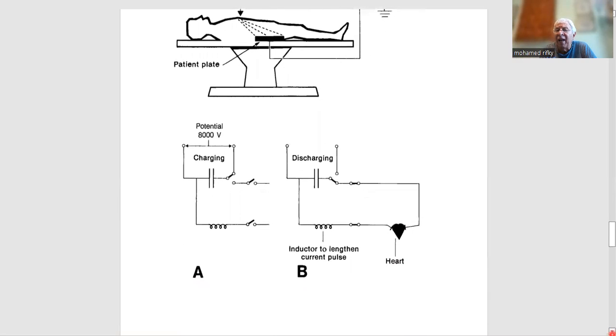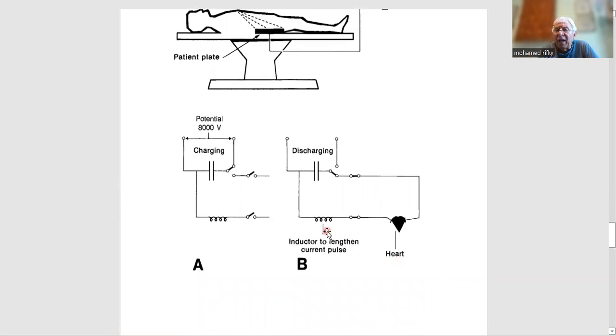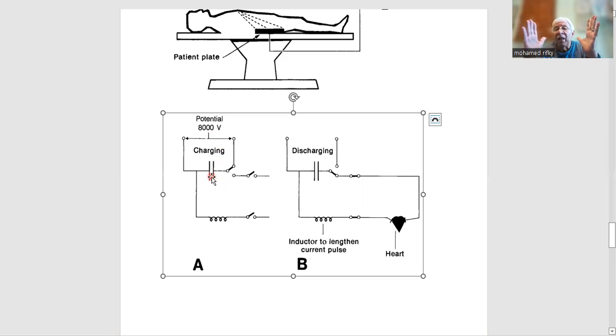And this is the figure showing the defibrillator. The key word of the defibrillator is, of course, the capacitor, and we apply on both plates of the capacitor a voltage of 5,000 volt. Here in this figure is written 8,000. So whenever I have a voltage, this capacitor has a capability to collect this current.